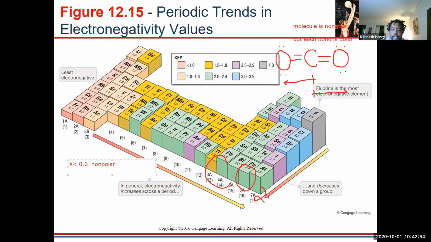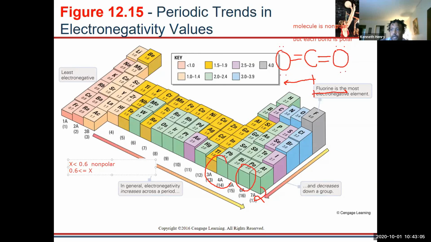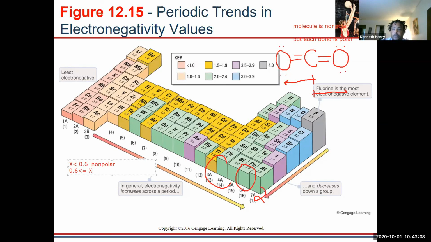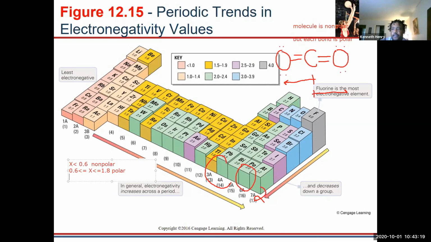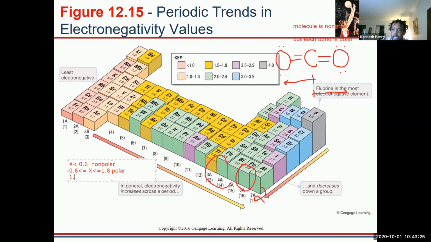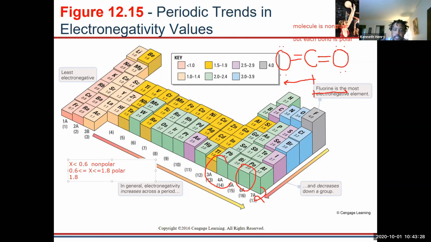If X is greater than or equal to 0.6 and less than or equal to 1.8, it's considered polar. And if X is greater than 1.8, then it's considered ionic.